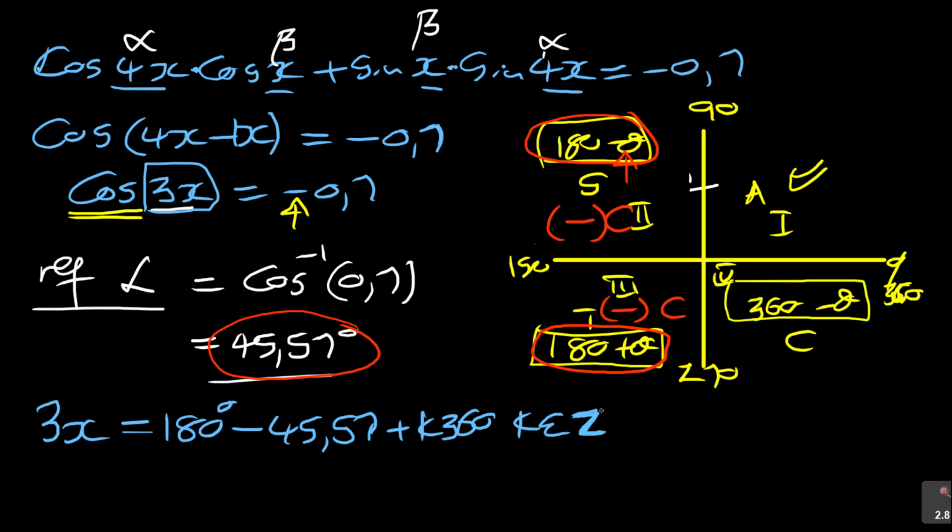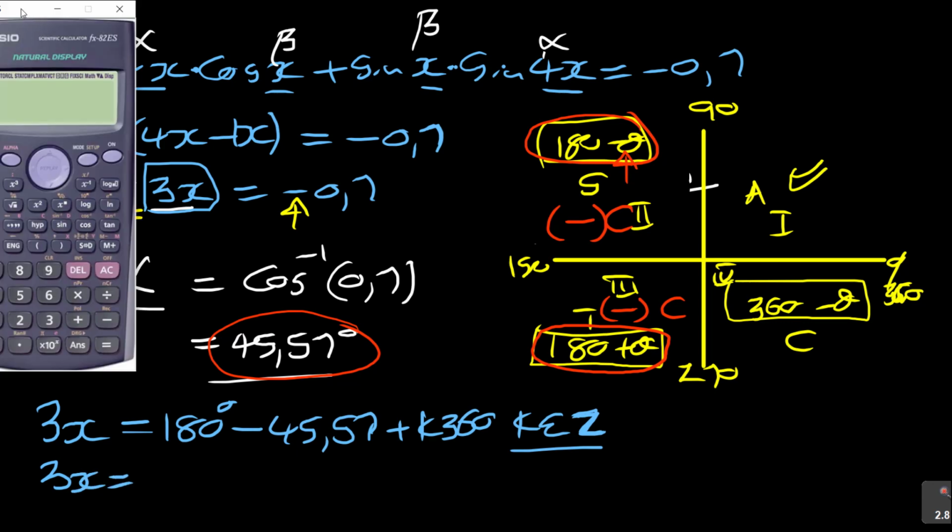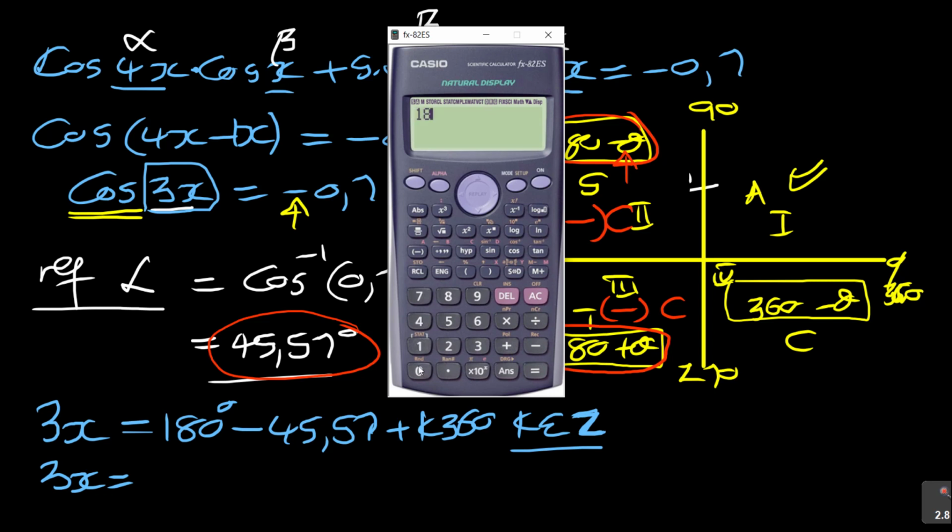K takes positive and negative whole numbers, which are integers. Right, so from here, that's when you can say 3x is equal to 180 minus 45,57.